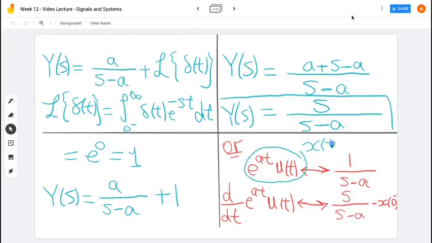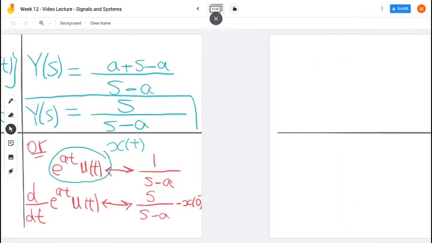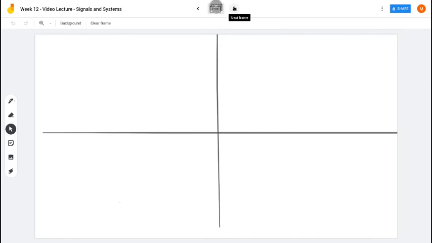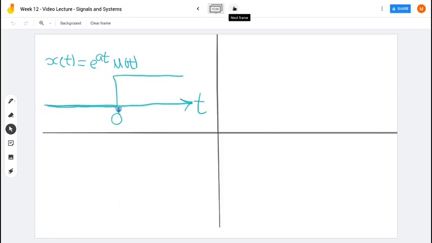So what is the value of x of t computed at 0 minus? Moving on over here, x of t is a multiplication of two functions, e to the power at times u of t. So let's take a closer look at u of t, which has a sudden change at instant 0.